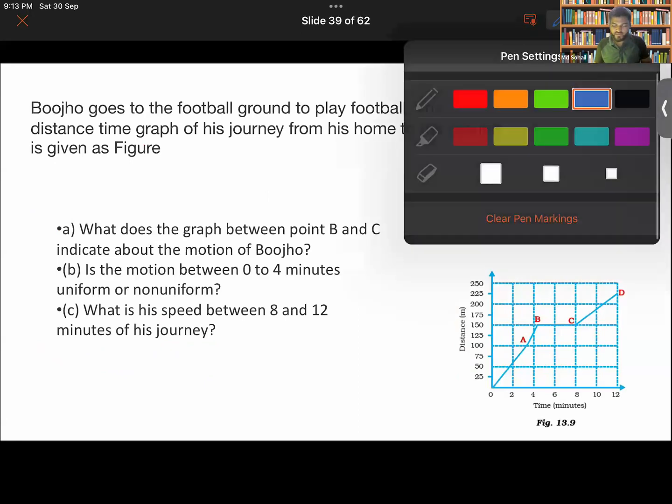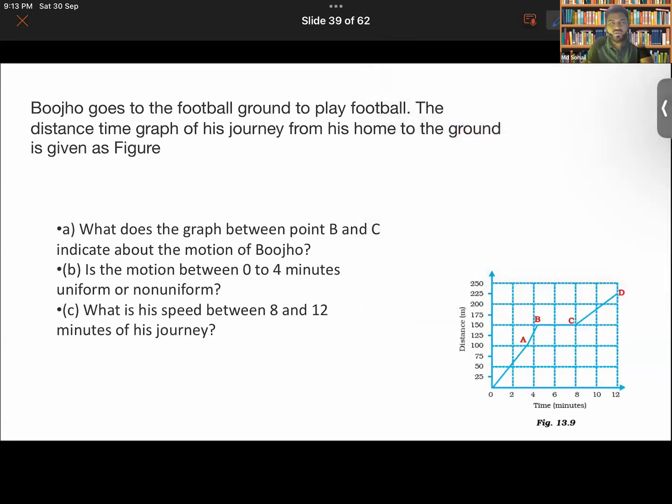Now, second question here. Chakrika, will you please read the question? Bijo goes to the football ground to play football. The distance-time graph of his journey from his home to the football ground is given in the figure.